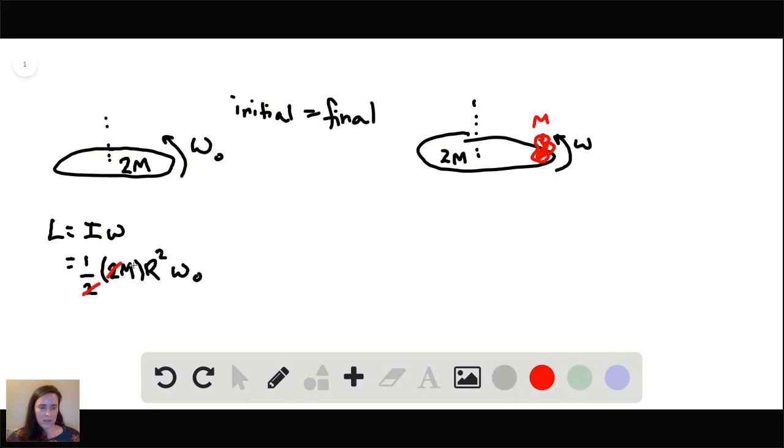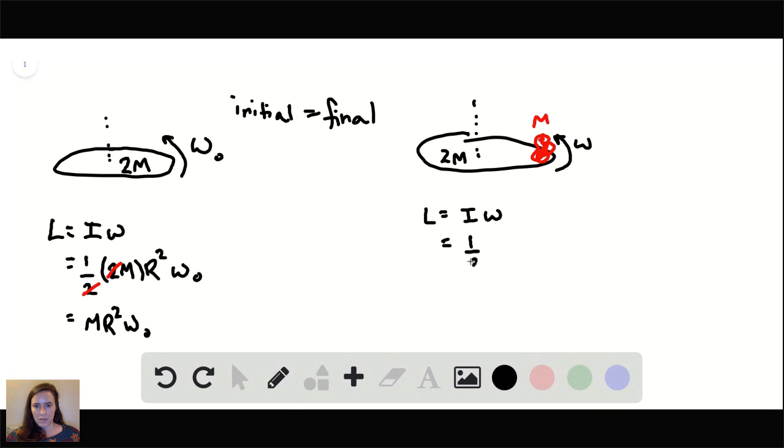So my 2's cancel out. I get m r squared omega naught. At the end, these things are stuck together, so they're going to be going at the same angular velocity.